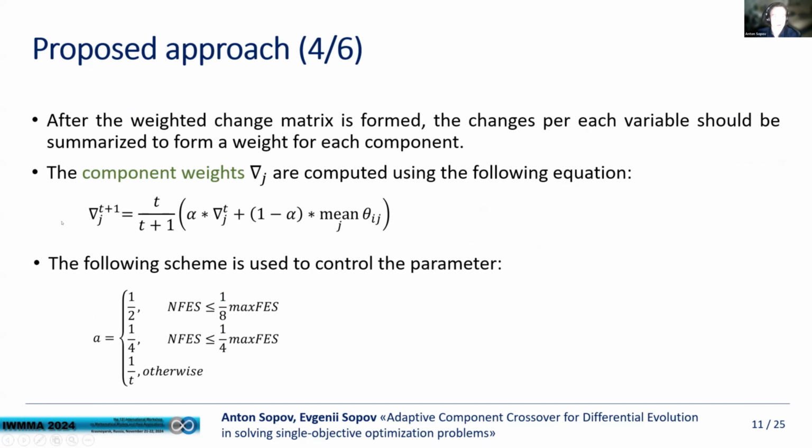At the first stage of the algorithm, the population diversity is higher and the weights have not converged yet, so we give the current changes more weight. But later, when the algorithm converges, we should not change it much, because there are mostly unsuccessful changes of the individual.